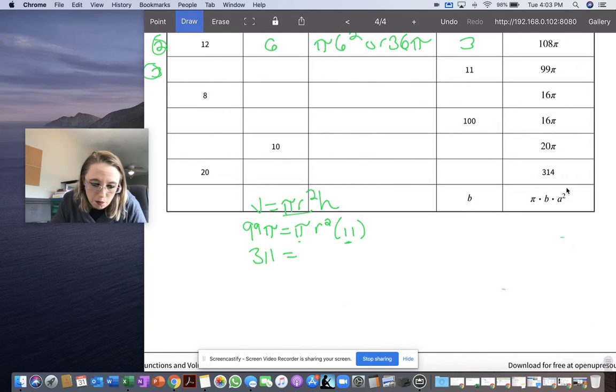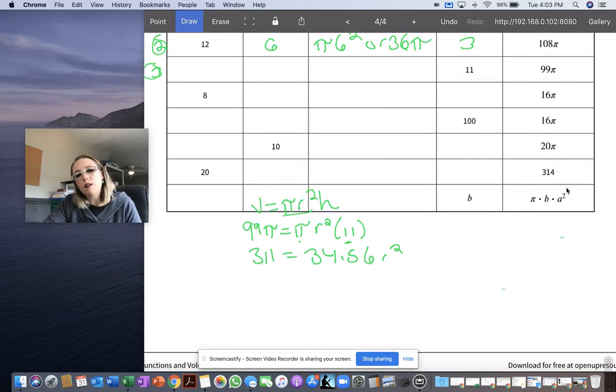You can multiply those two together to get 34.56 r squared. Now you have to get r by itself, but remember it's still squared, so you can't get rid of that square just yet.